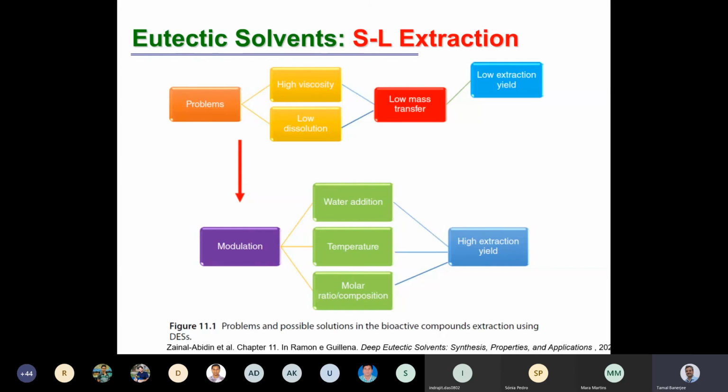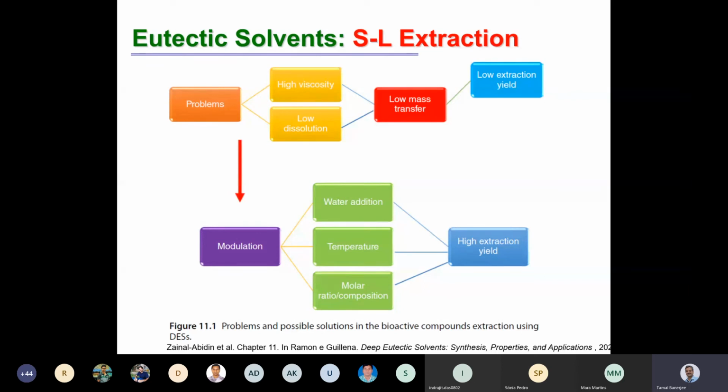Well, in this chapter from Zainal Abidin, they highlight the usual problems in solid-liquid extraction. So maybe you have high viscosity, low dissolution, low mass transfer because of the high viscosity, and a low extraction yield.